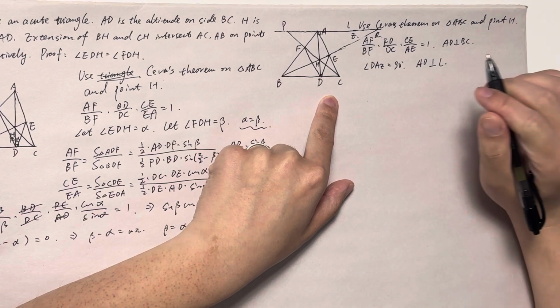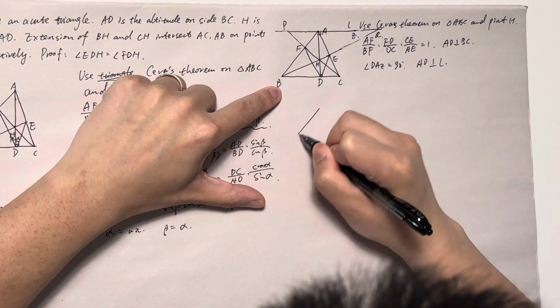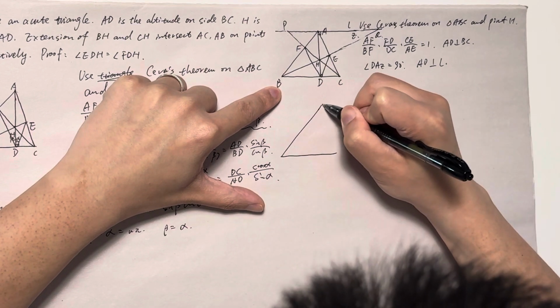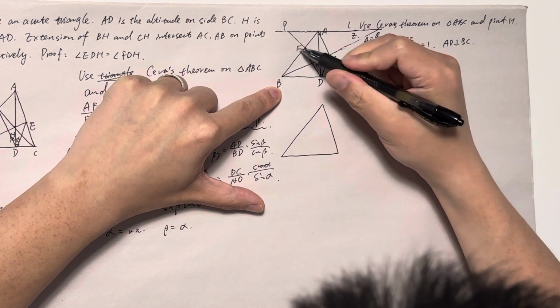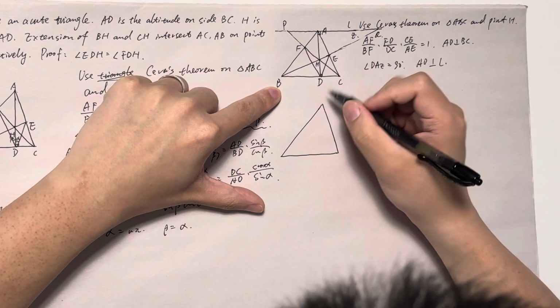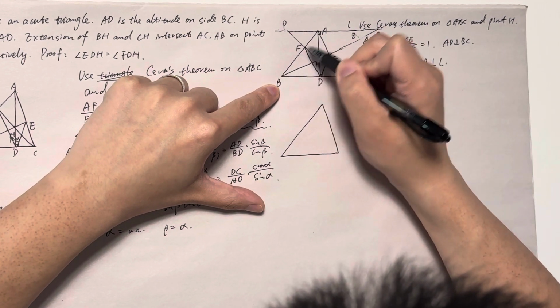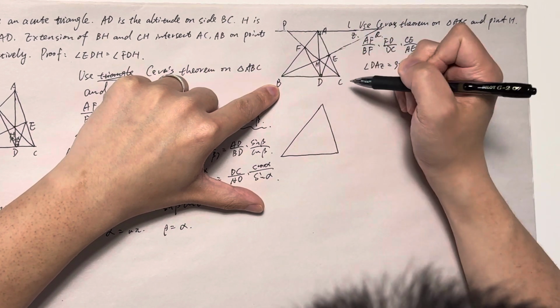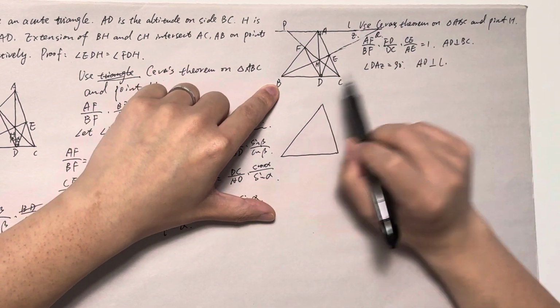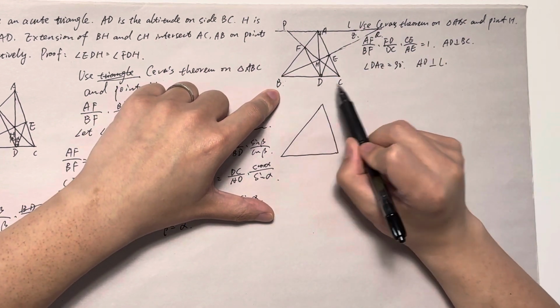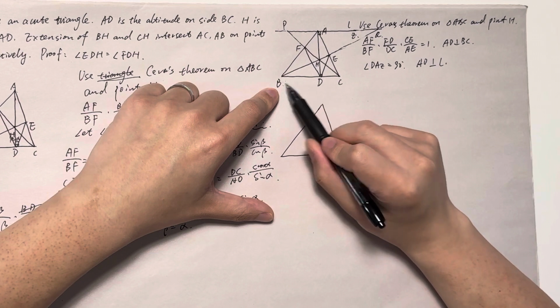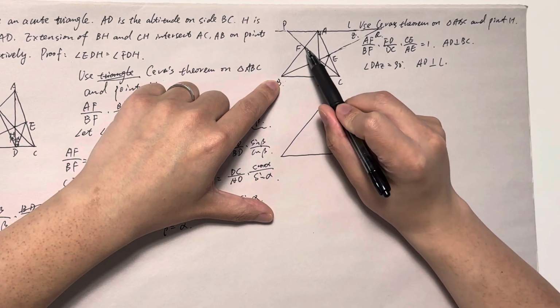Oh, actually, sorry. My bad. Let's redraw it here. We shouldn't extend CF. We should extend DF because we want to find the ratio of AF to FB, right? Because we have BD to DC, we want to find the BD to be correlated with BF.